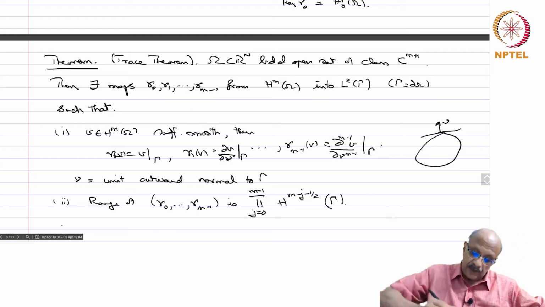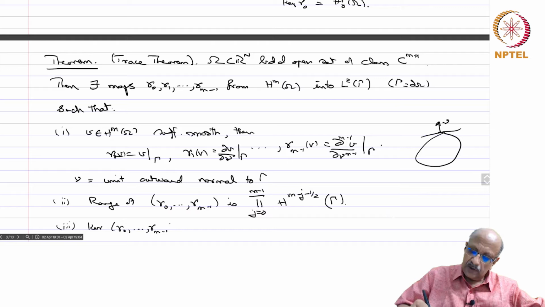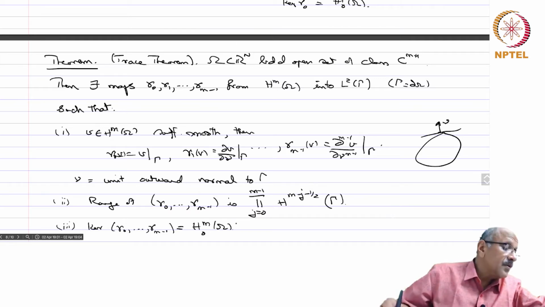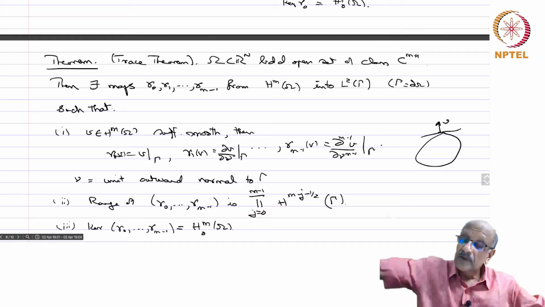And then 3, kernel of gamma naught to gamma m minus 1 equals hm0 of omega. Okay, so this is the trace here.